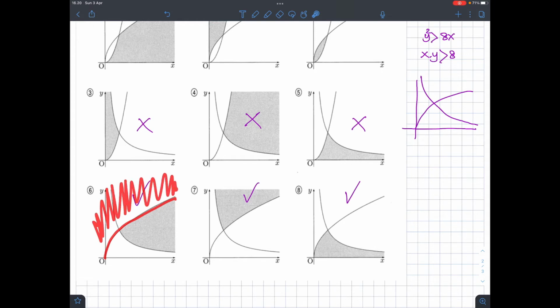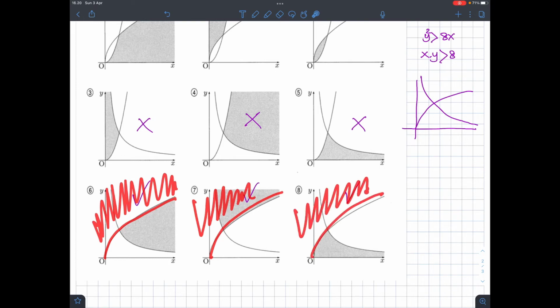Here you shaded this part, and here you shaded this part. From here we already know directly this must be wrong, and this must be wrong, because they shaded the other side.